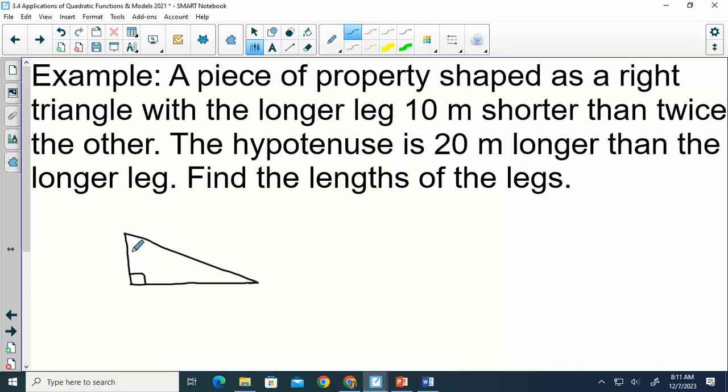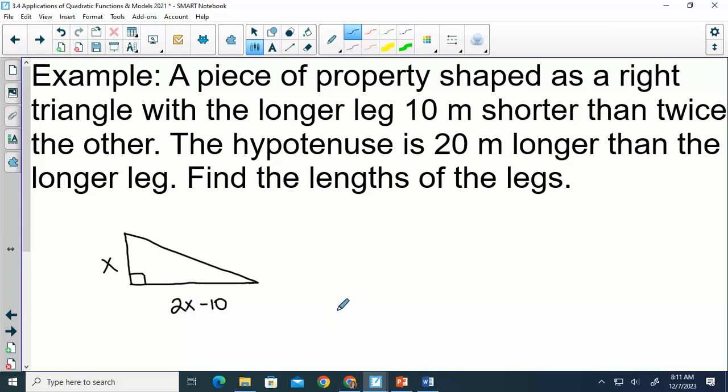Okay, the legs are the sides that touch the right angle. So let's start with the shorter one. Did I tell you how long it was? So what would I call that? X. The longer one is 10 shorter than twice the other. So what does that mean? 2x minus 10.